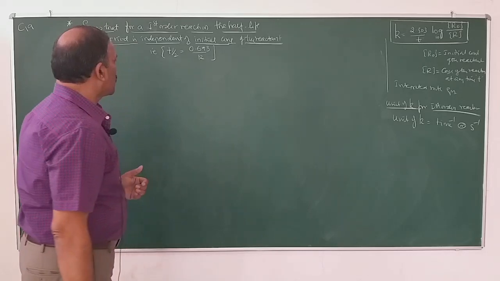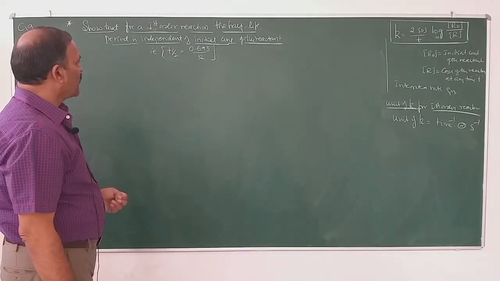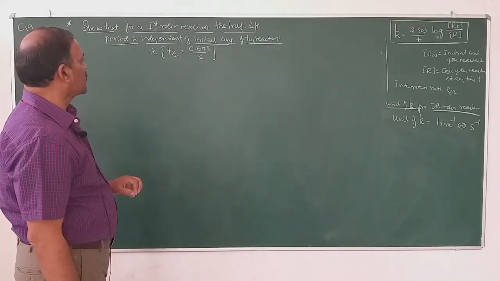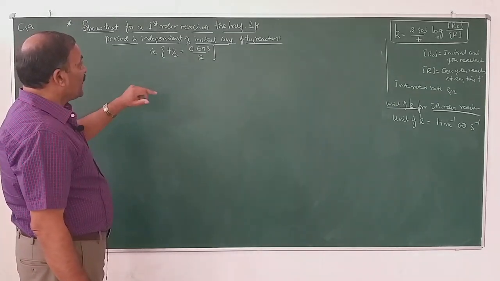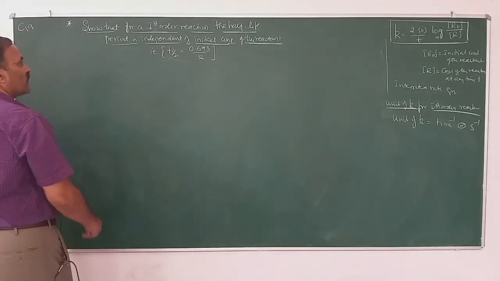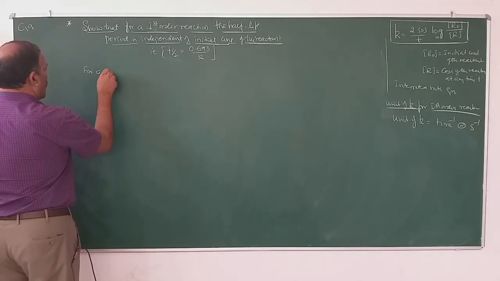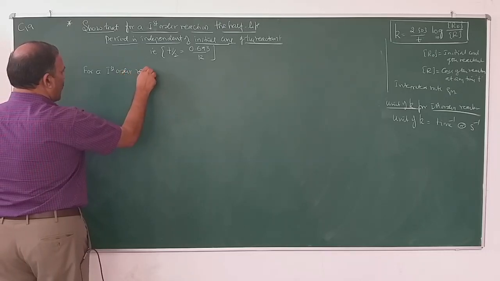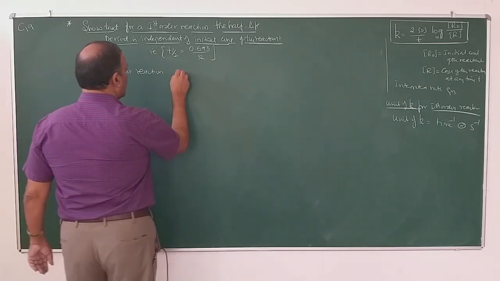So what we have showed for zero order reaction, we have showed that half-life period for a zero order reaction is directly proportional to initial concentration. For first order reaction, T half is independent of initial concentration of the reactant. So for a first order reaction, what is the expression for K?